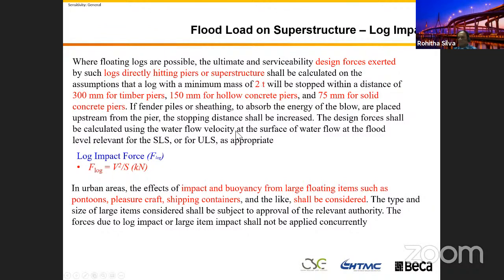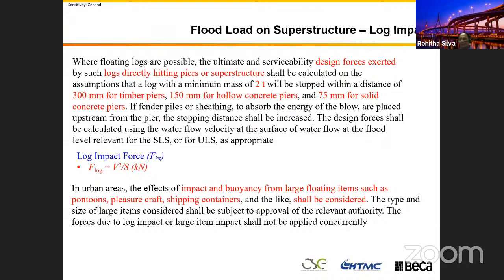Half mV squared is equal to F times D. Or else you can get the acceleration, V squared over 2A. This is the analogy I use here: the object is moving a distance S with the velocity V.